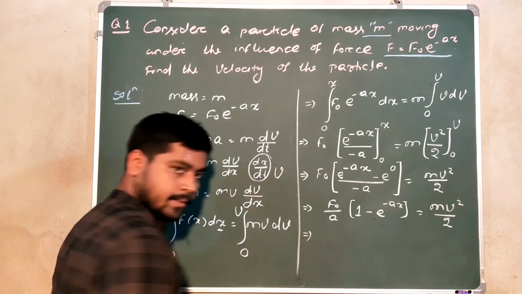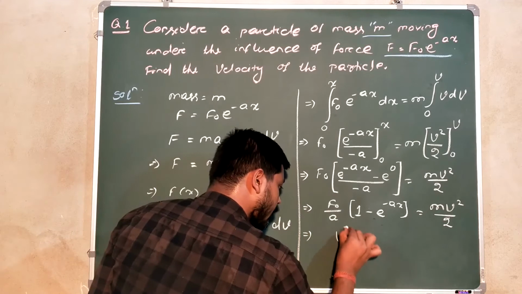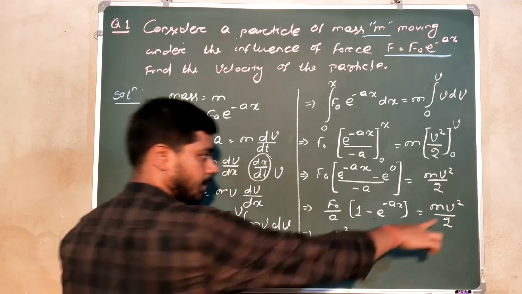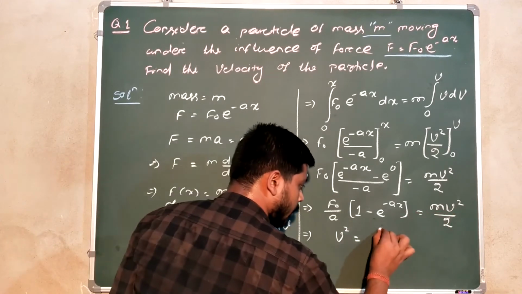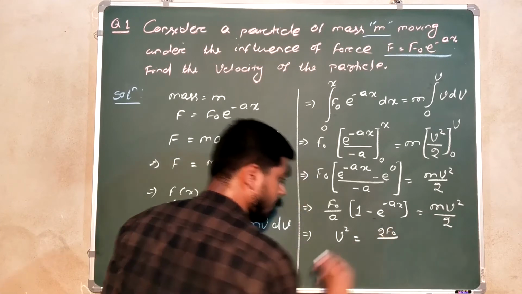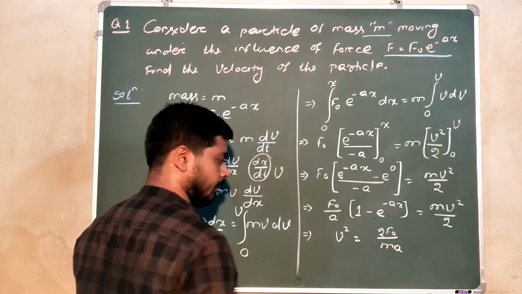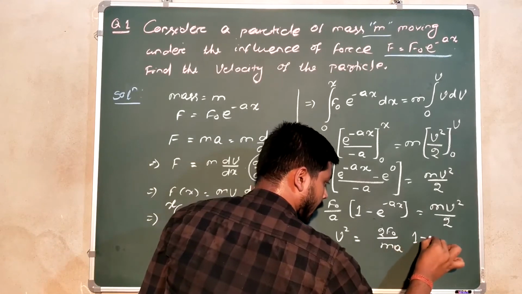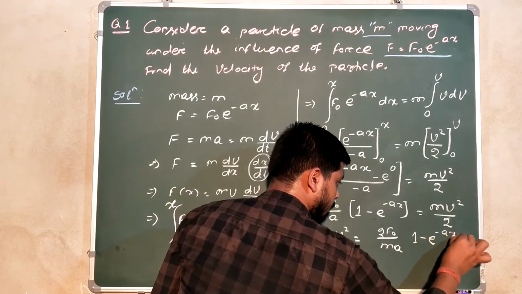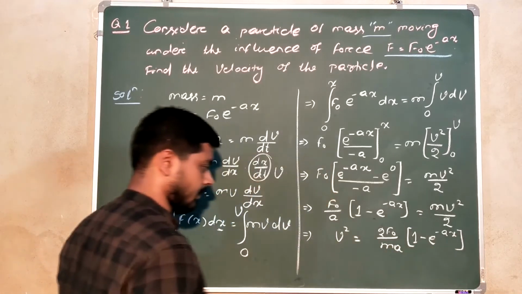That implies v square equal to 2 f naught by ma into 1 minus e raised to minus ax.